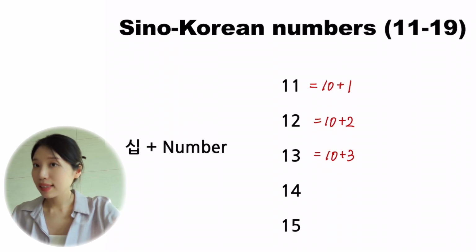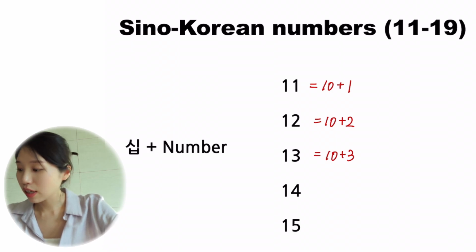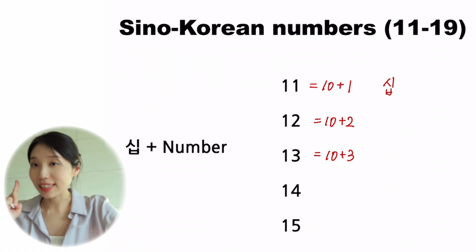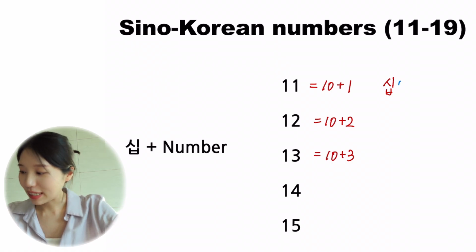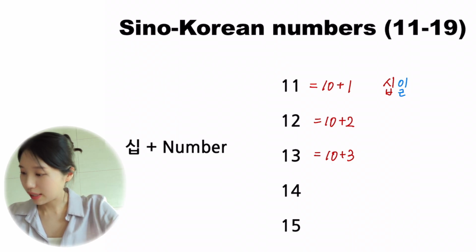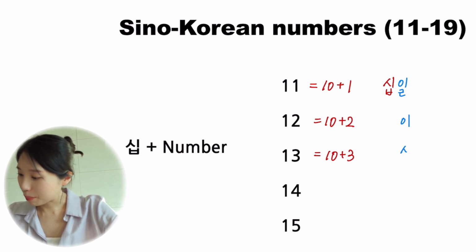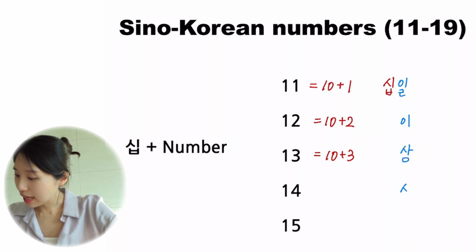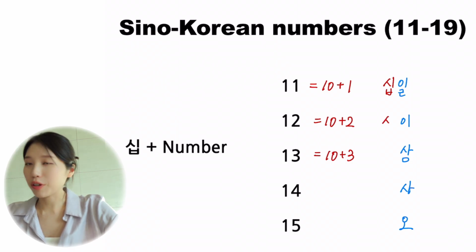So 10 in Sino-Korean numbers was 십, and 1 in Sino-Korean is 일, 십일. One's number comes first: 일, 이, 삼, 사, 오. And you just combine 10 in front of it.